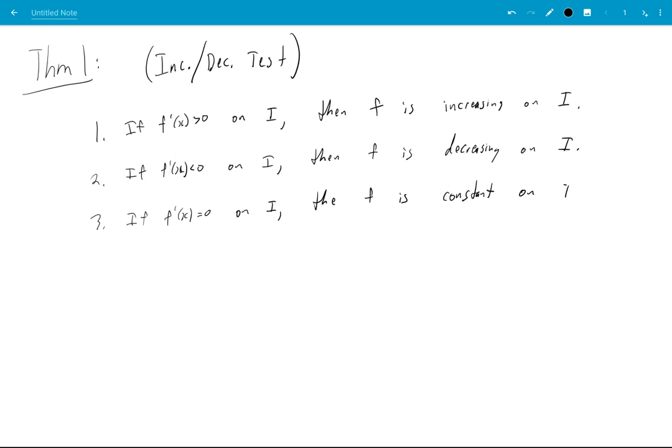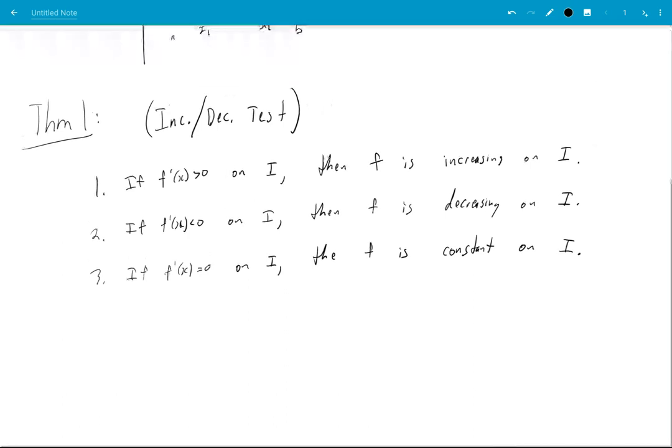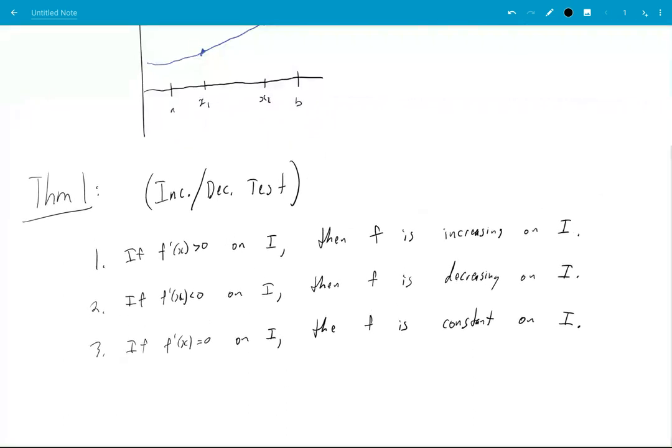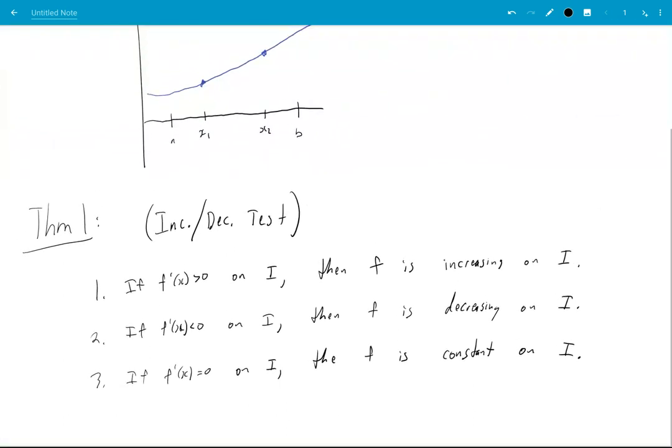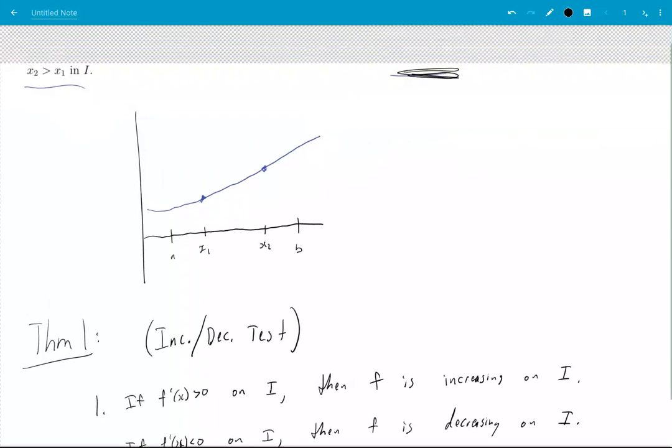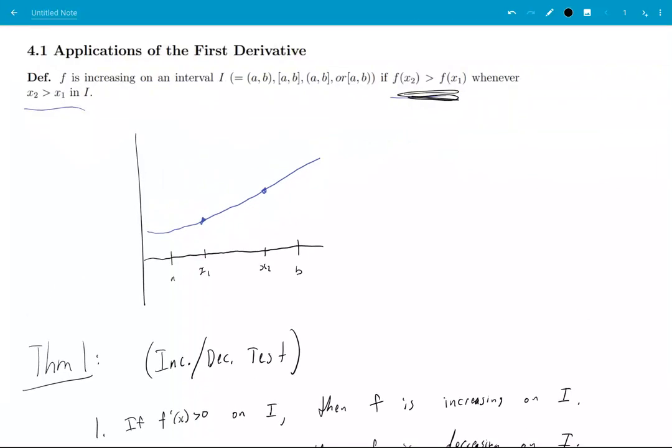Okay, you may say, well, why do I need a theorem here? This is obvious. Well, not quite. In math, we're very precise. We have a definition of a function being increasing on an interval I. Intervals, I forgot to mention, take one of 4 forms.